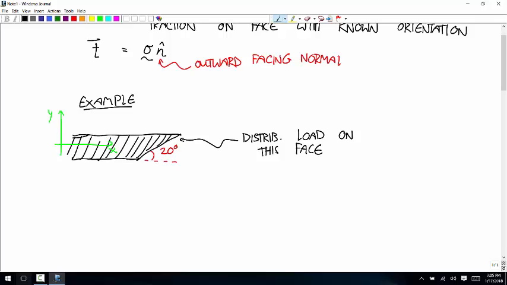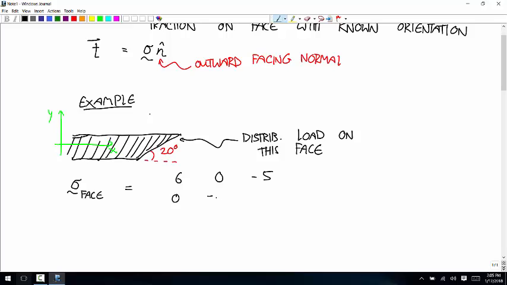And we know that at points on the surface, the stress tensor is 6, 0, negative 5. I'm just making these up. But it does have to be symmetric.